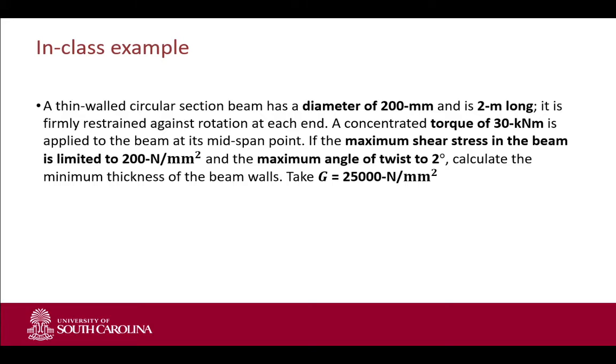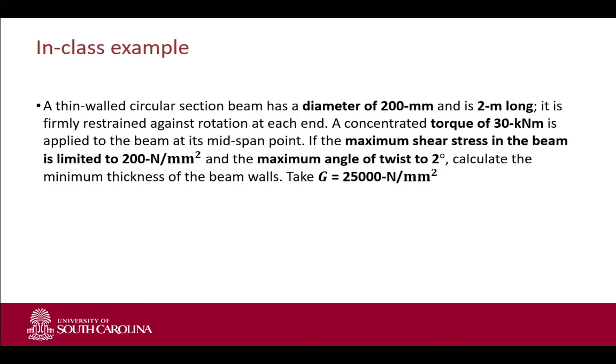So, this here: dθ/dz is equal to the torsion over 4 times the enclosed area squared, times the integral of ds over Gt. We also know that torsion is equal to 2 times the enclosed area times the shear flow. So we're going to apply these two equations that we just derived to this in-class problem.